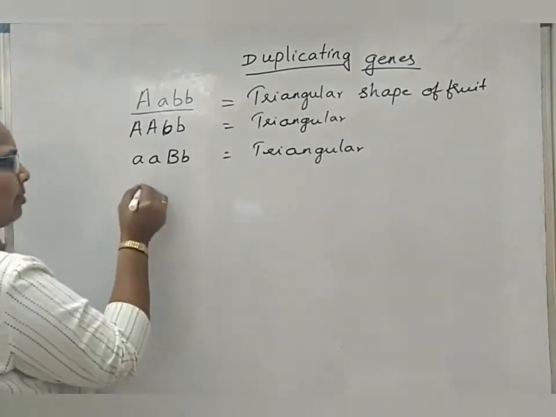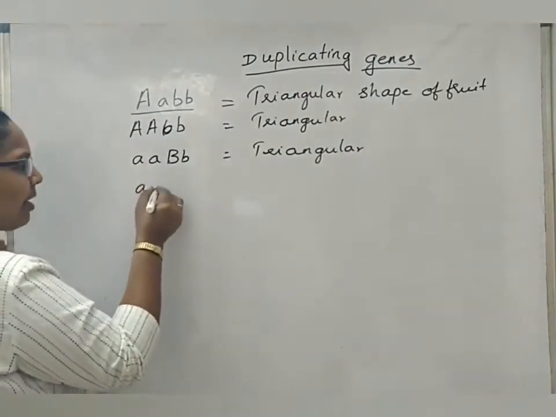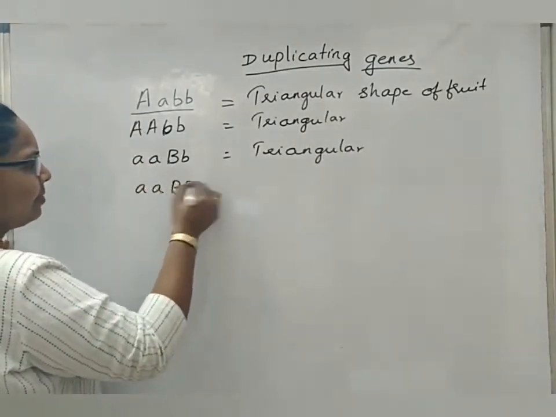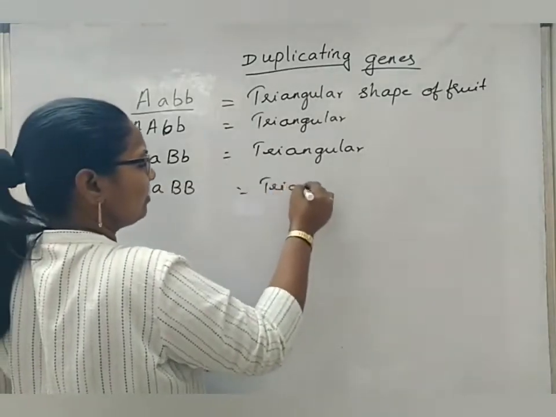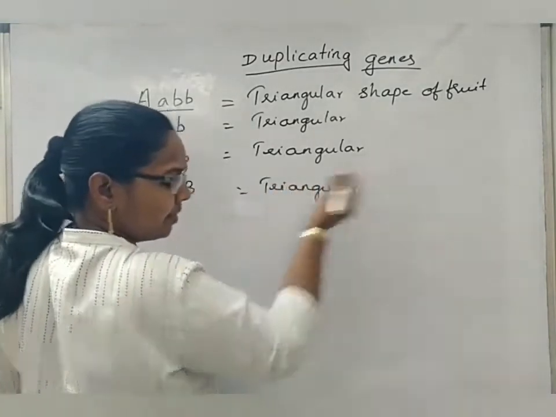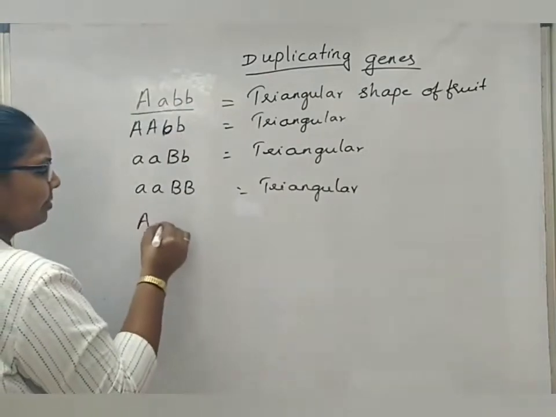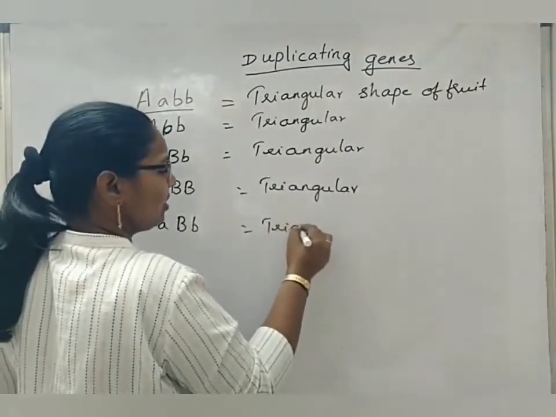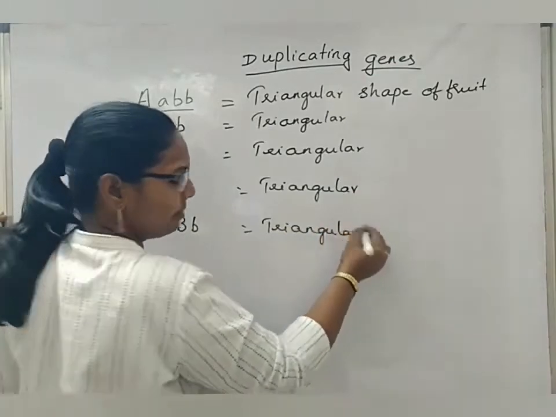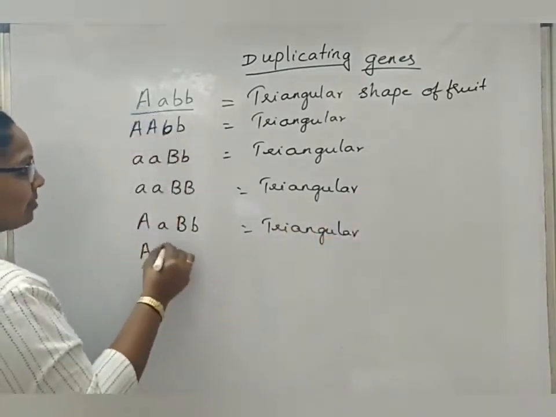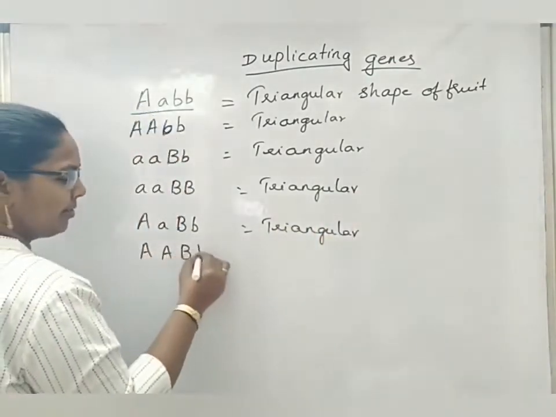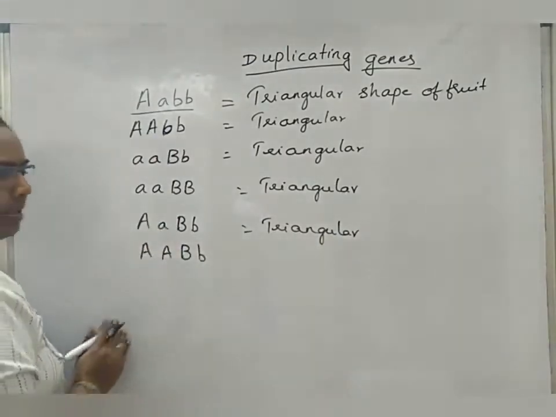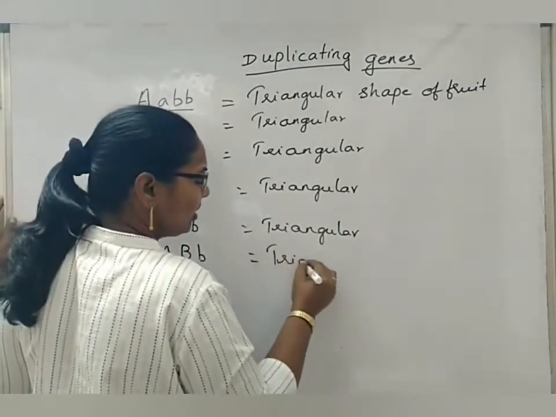Next, another example, again triangular. Next, then also a triangular shape of the fruit. If three dominant alleles are present, then also a triangular shape of the fruit.